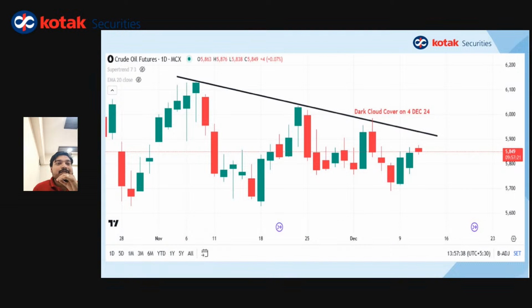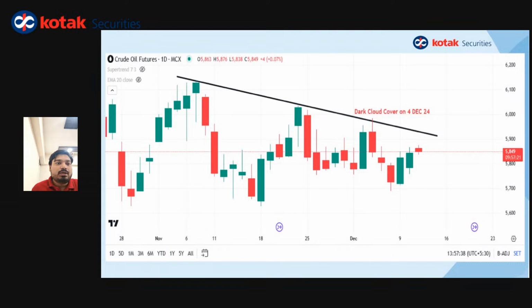Now, let's see when you would be entering this strategy, when you would go with a bear put strategy. If you see on the 4th of December, this is the crude oil December future daily chart that I am showing you on your screen.